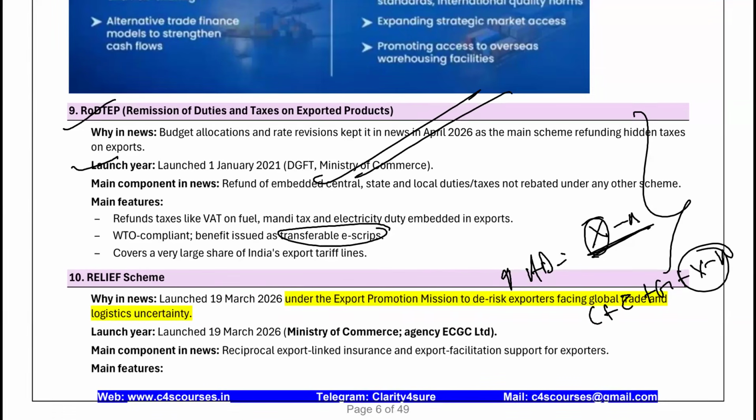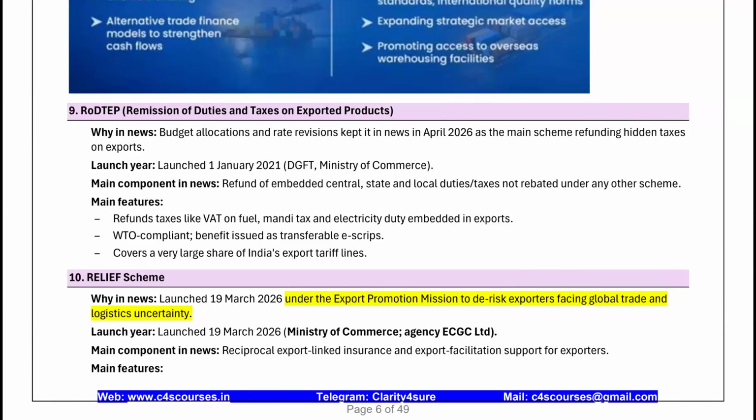Now try to understand the 10th, that is the relief scheme. Again, the relief scheme, why is it in the news? Because it was launched on 19th March 2026 under the Export Promotion Mission to de-risk exporters facing global trade and logistic uncertainty. अभी आपको समझ में आ रहा होगा export वाली चीजें schemes, why are they in the picture? Due to the West Asia conflict.